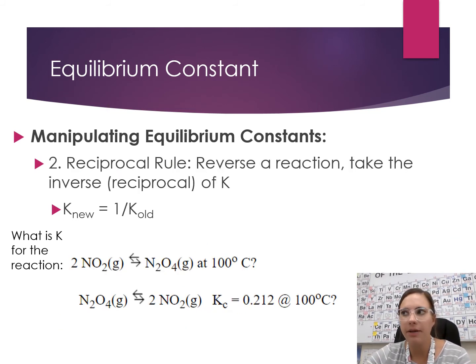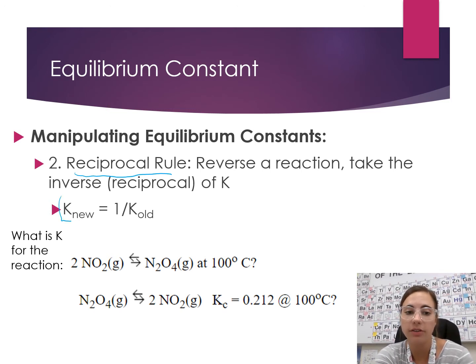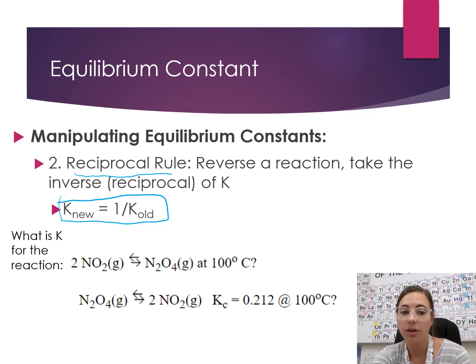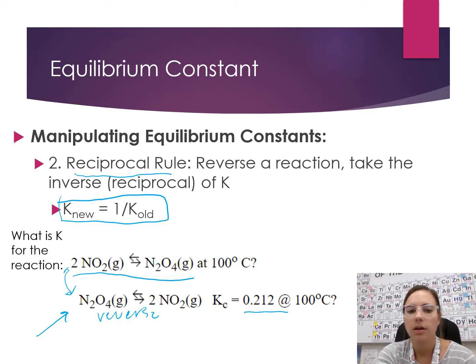Another thing that could happen is I might just have to reverse a reaction. That's the reciprocal rule. If I reverse a reaction, I take the inverse of its equilibrium constant. So the new equilibrium constant is going to be 1 over the old one. For example, if I'm trying to find the equilibrium constant for this reaction, given this reaction and this K value, well, I hope it's easy to see that this reaction is just the reverse of this reaction.